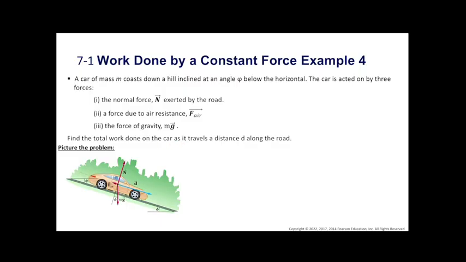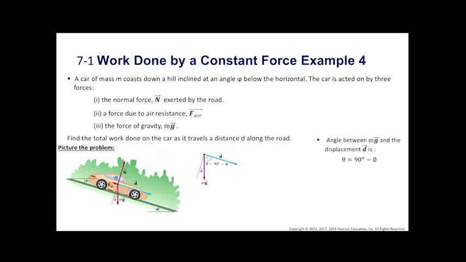Now this angle 5 degrees is the angle the slope makes with the horizontal, and also it is the angle between the gravity mg and the downward normal direction, as in this figure.